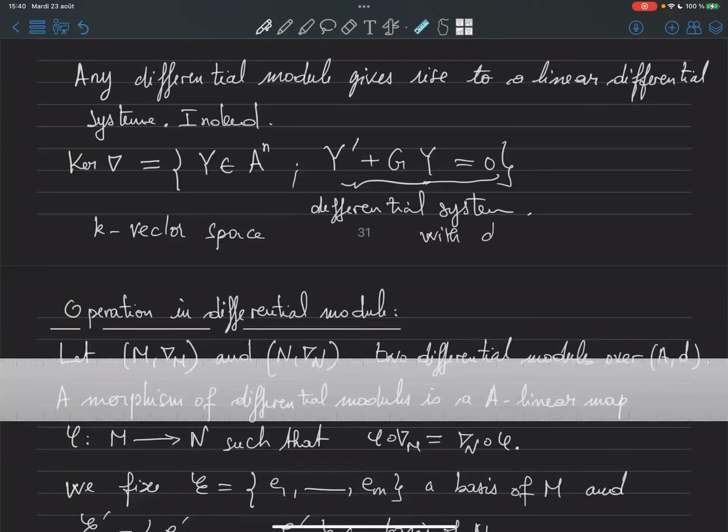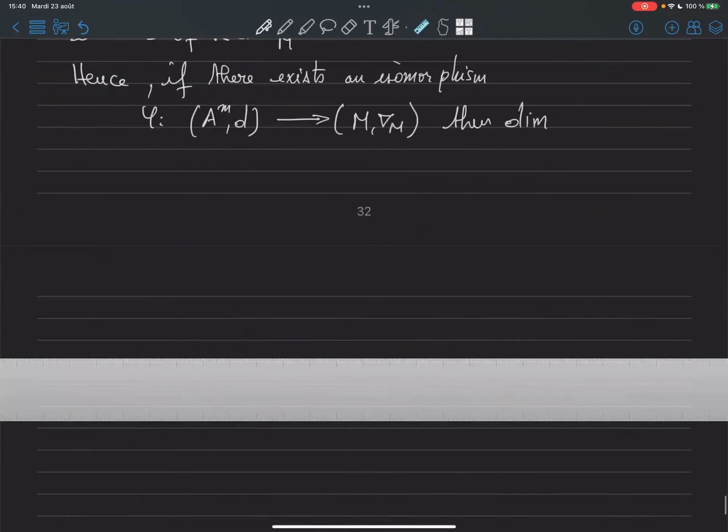The dimension of the kernel as a k-vector space is always less than the rank of M. And in this particular case, it's exactly equal to the rank of M.